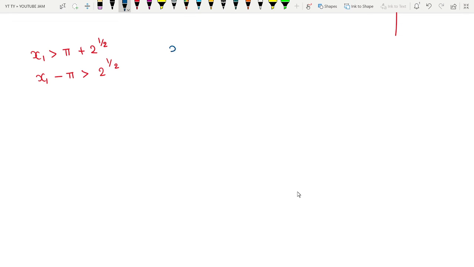Let me think about my x2. How can I obtain x2? x2 is nothing but pi plus root of x1 minus pi. Right? What I know is this x1 minus pi is greater than 2 raised to half. Correct? So I take a square root of this.